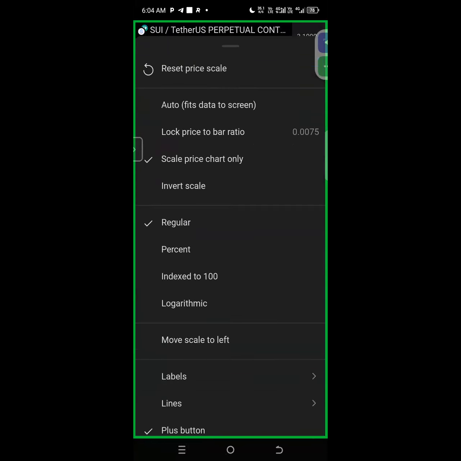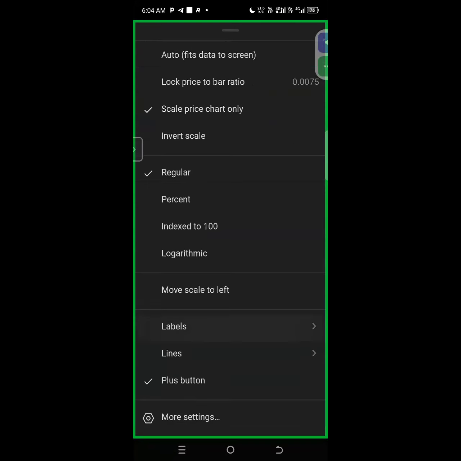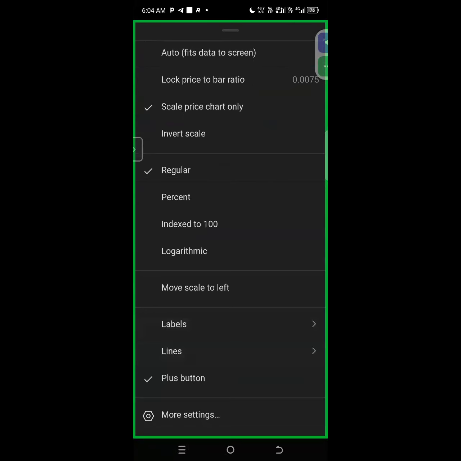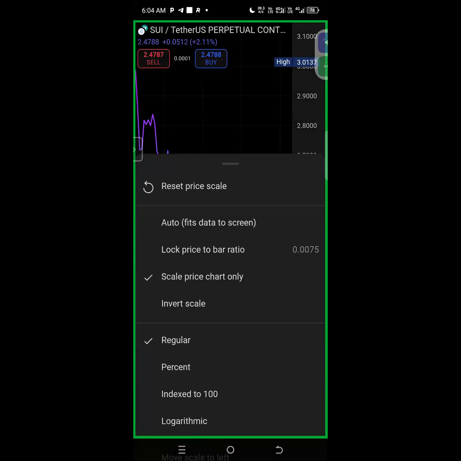And then, where is it? Let me click on more to see. So this is log price to bar ratio.